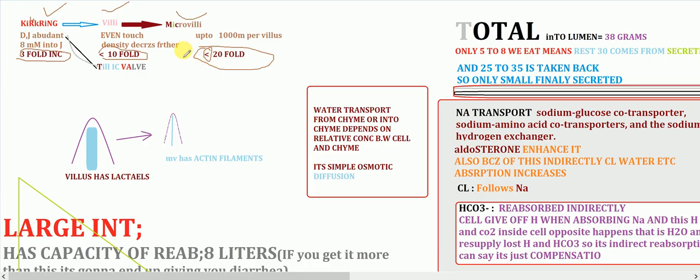They tell you that the microvilli contribute to the surface area more than the villi do, and villi contribute to the surface area more than the folds of Kerckring do. So that is the trend. You have to remember this trend. Someone can ask you which of the following is the greatest contributor to the absorptive surface area.